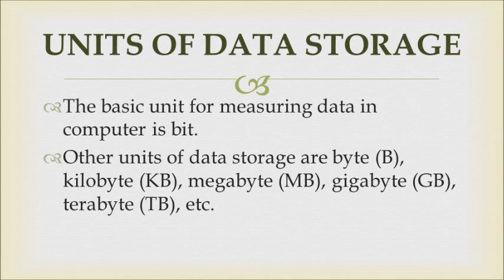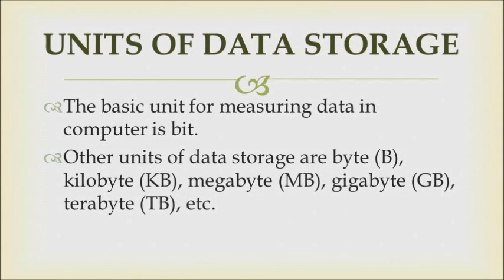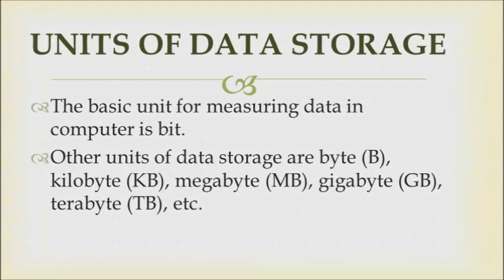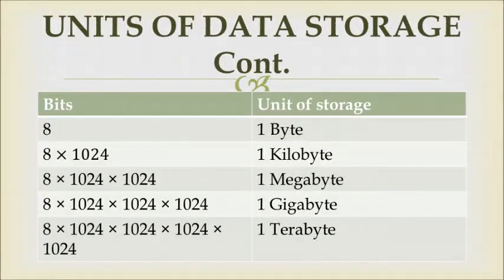Other units that we have are byte, which I just explained, kilobyte, megabyte, gigabyte, terabyte. Here we can see how they are calibrated in relation to bits. 8 bits make 1 byte. 1024 bytes make 1 kilobyte.